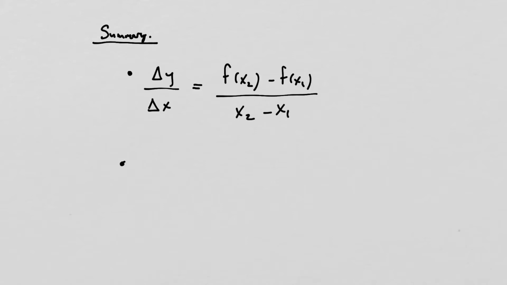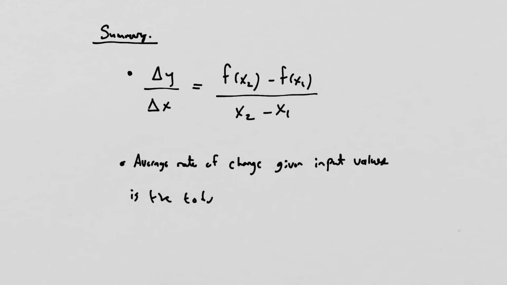If we wanted to write this out in words, we would say the following. The average rate of change given input values is the total change of the function values divided by the change in the input values.